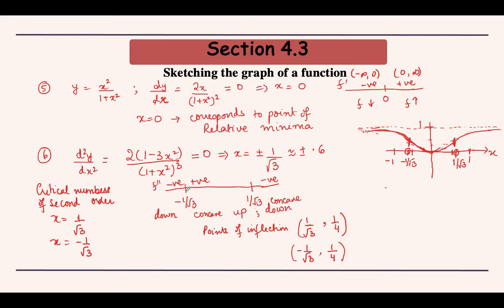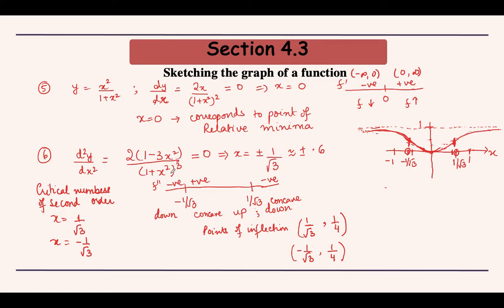So in the first interval, that is less than minus 1 by root 3, we can just substitute some values. We have the approximate value of minus 1 by root 3, which is minus 0.6. So we can take some point here, say minus 1, and we can substitute that in this expression, and we will see that sign of f double dash comes out to be negative.